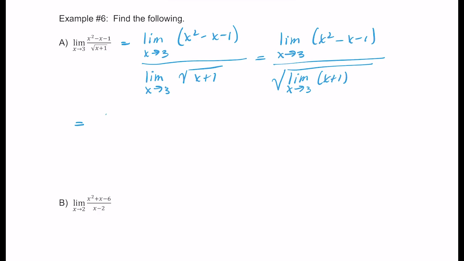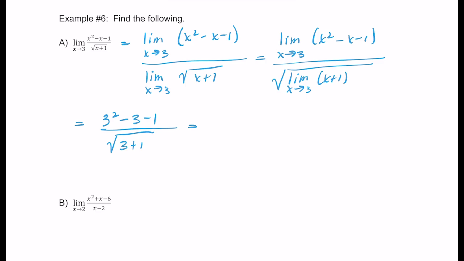So I'm going to have 3 squared minus 3 minus 1 over the square root of 3 plus 1. Okay, and if you're wondering why am I not writing the limit, well, because if you're plugging in 3 for x, that's a constant. You're going to end up with a constant. So the limit of a constant is just whatever that constant is.